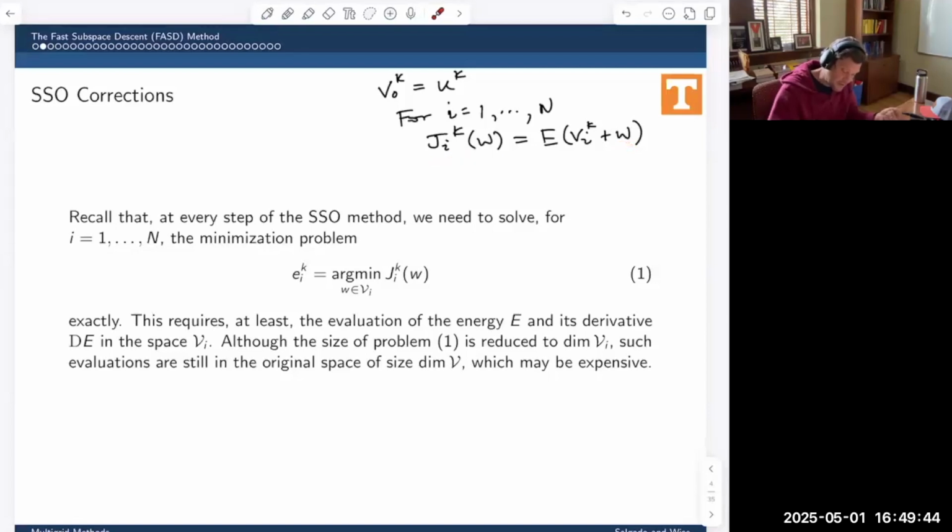W is in that subspace V_i. And then how we update is we get a correction, E_i^K, which is equal to this argmin. You minimize this section over this subspace, and that's what you call the correction.